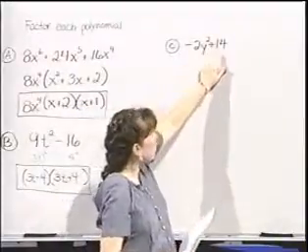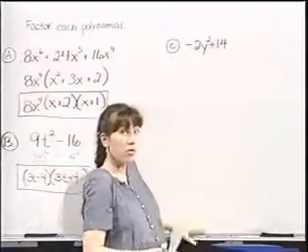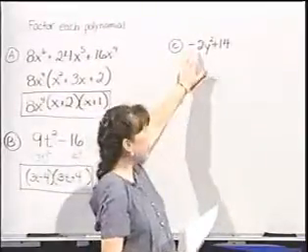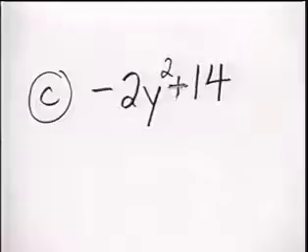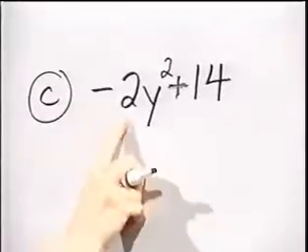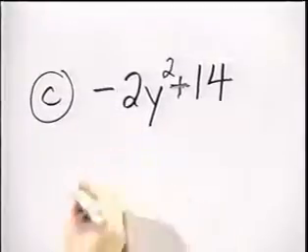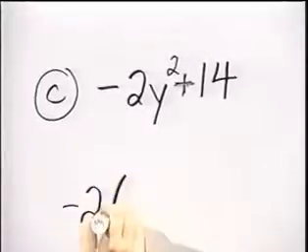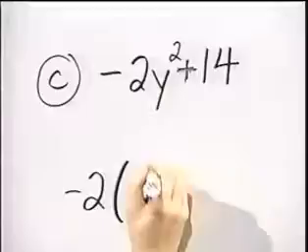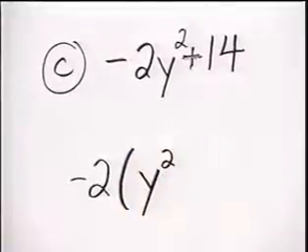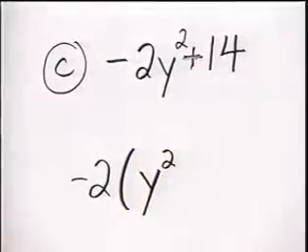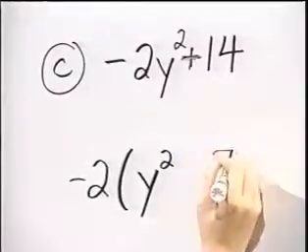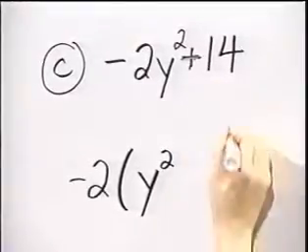Notice we could take the number 2 out of both of those terms, but we could also take out a negative 2. And in fact, usually, if you can take a negative out, you want to do that. So we're going to take the negative 2 out front. And we'll be left with the first term of y squared. Now, you know that when you take 2 away from 14, you get 7.